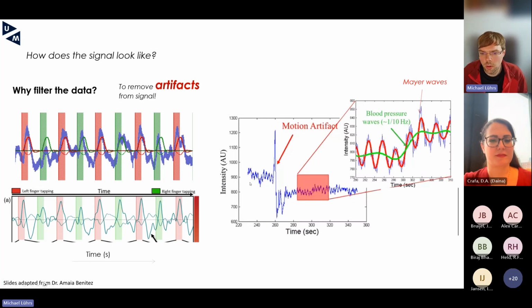But one of the important aspects of motion artifacts is related to these jumps in the signal that you can see. The baseline is shifted to a different level, and this can happen just once within one run, but it can happen multiple times, and it can induce different shifts.